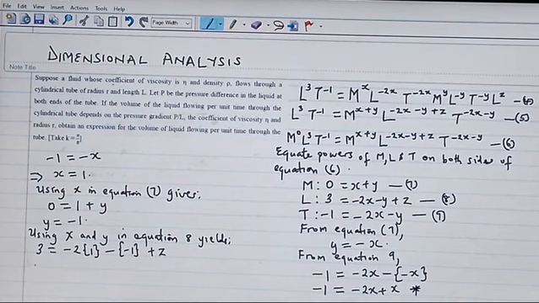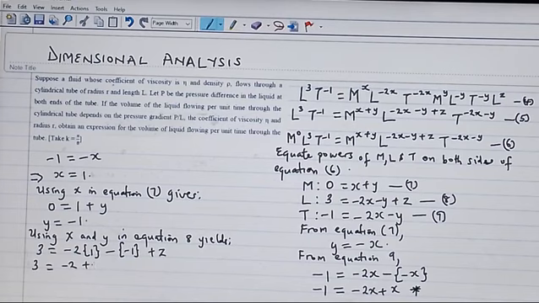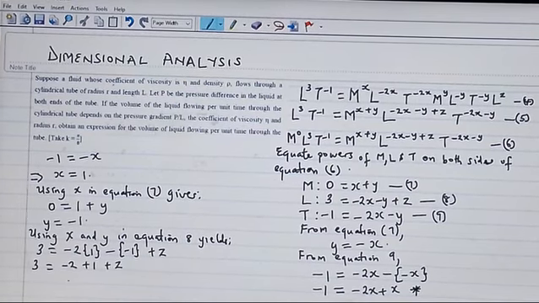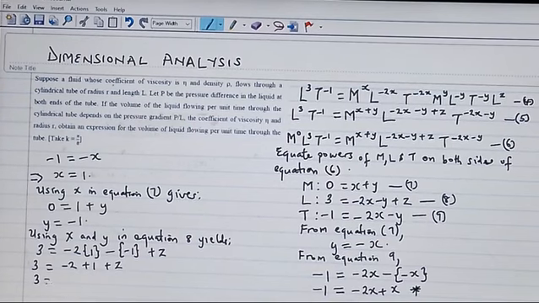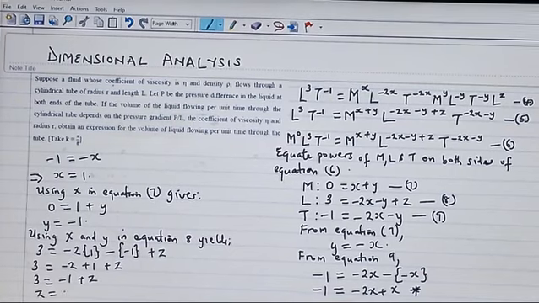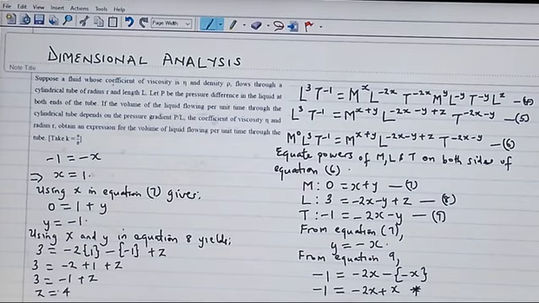So that 3 will be equal to minus 2 plus 1 plus z. Minus 2 plus 1 is minus 1. So 3 is equal to minus 1 plus z. That implies that z is equal to 3 plus 1, which is 4. So z is 4.